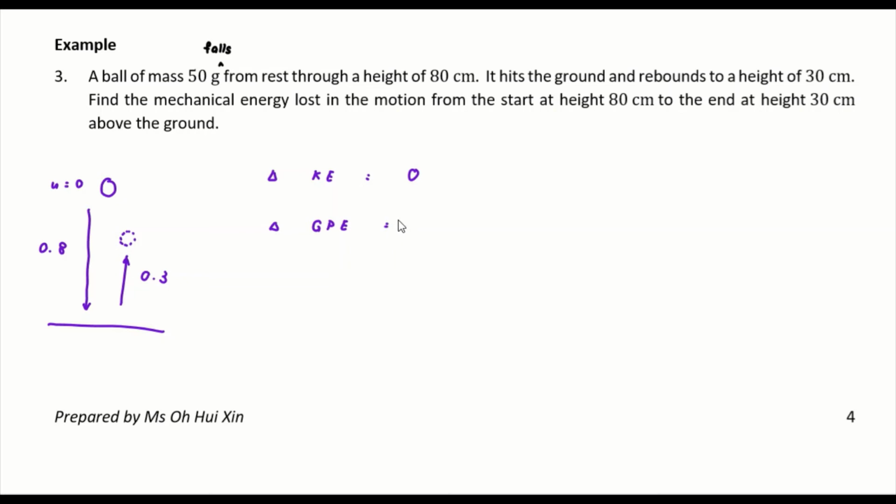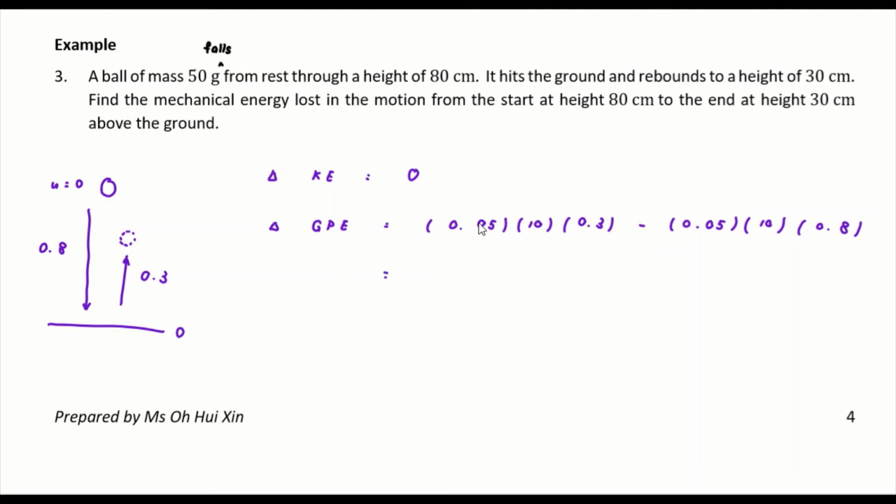Okay, so the final, which is at this point, let's denote this as 0 meter. So mgh, so 0.05 times 10. The final height is at 30 cm, so that's 0.3 meter. Then minus 0.05 times 10, and after that the initial is actually at 0.8. Okay, so let's try to solve this.